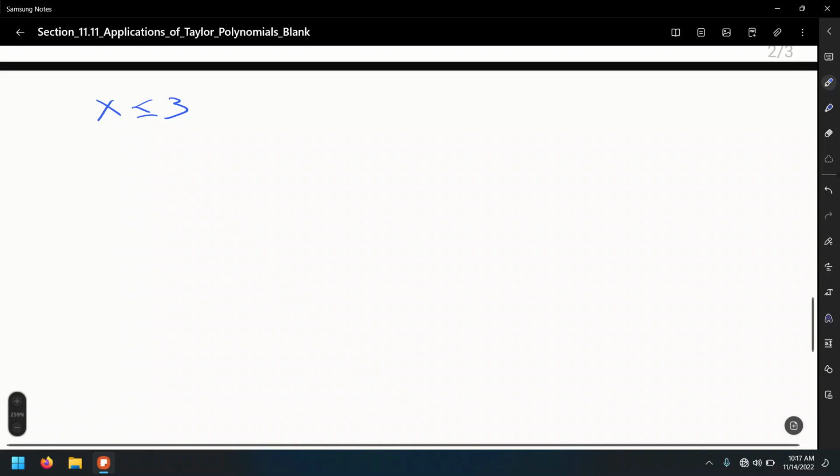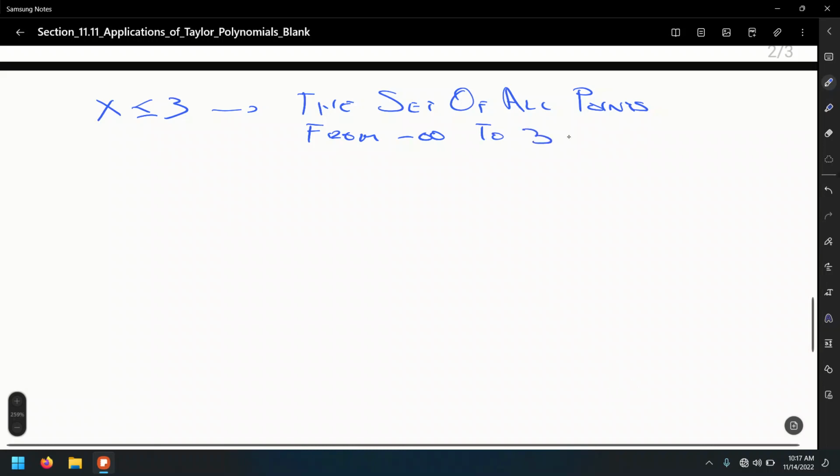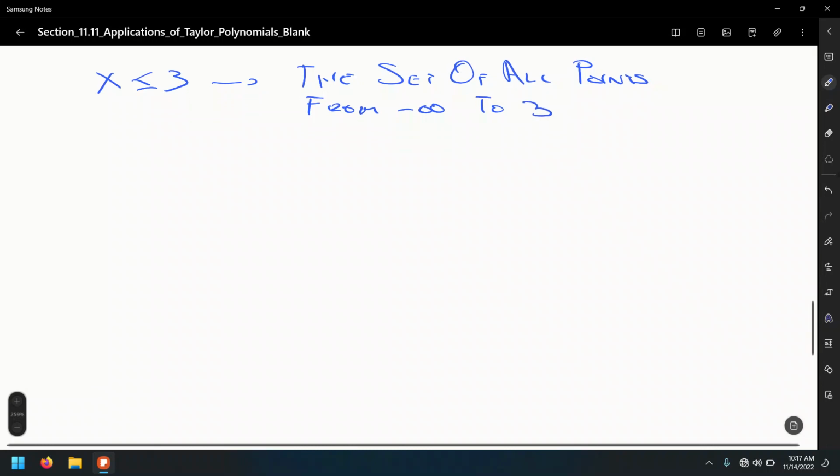From negative infinity, this is the set of all points from negative infinity to 3, including the 3, in this case. So, the set of all values that are less than or equal to 3.